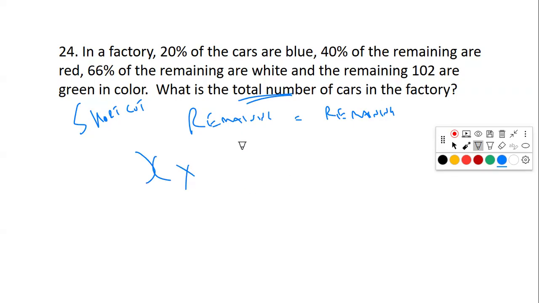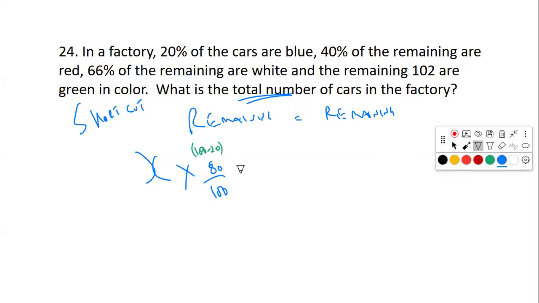So out of X, 20% of the cars are blue. So what will be the remaining? The remaining will be 80%. You might be asking how I am getting 80: 100 minus 20, because I am dealing with remaining cars.